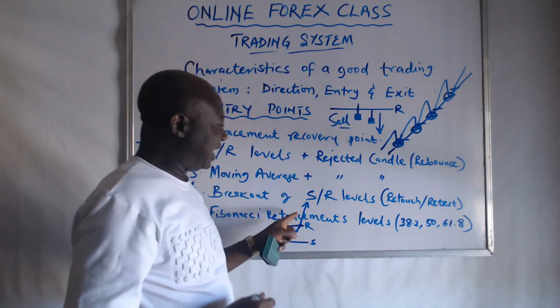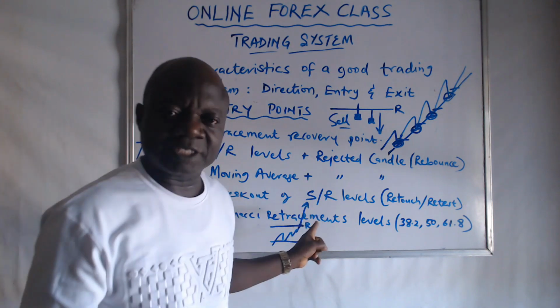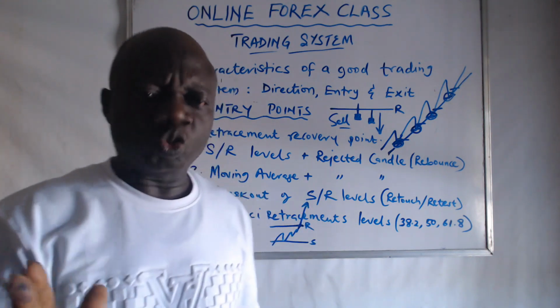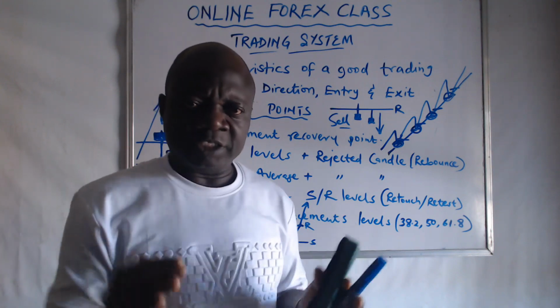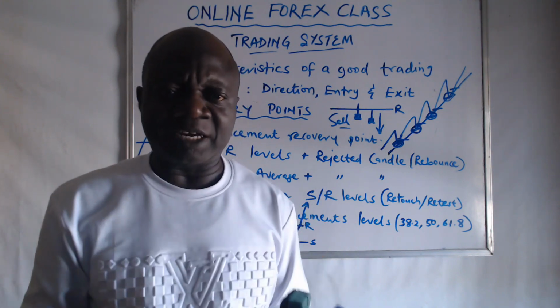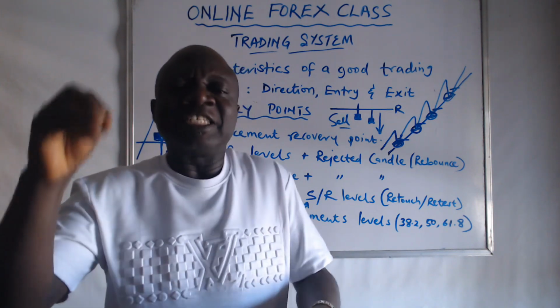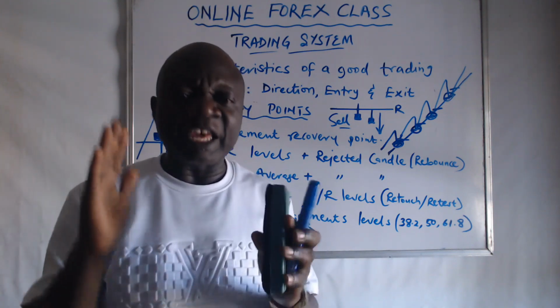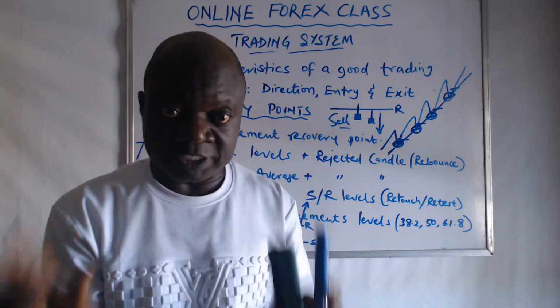Now at this area, some people are talking about retouch or retest. Now I want to clear the issue on that area. Let's look at it this way, because I want us to be practical. Let's forget about theory. Let's be practical, because the market is practical. The market is a live market, and what is happening in the market is what you are seeing.